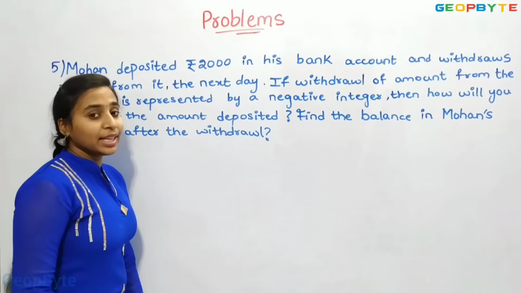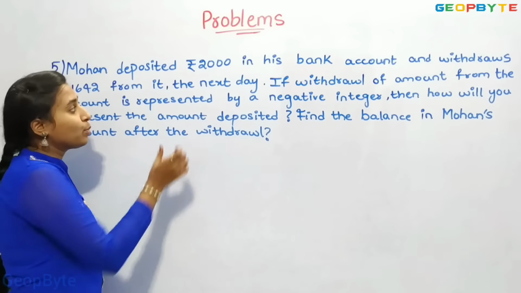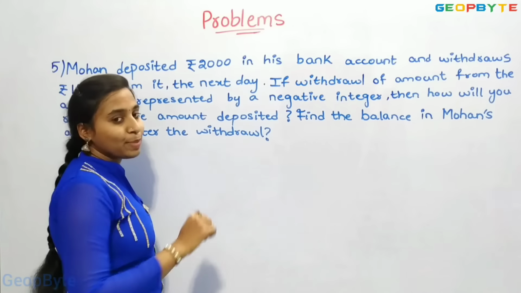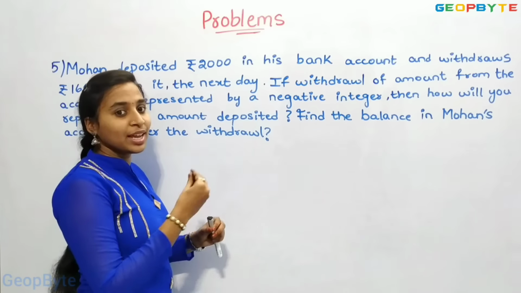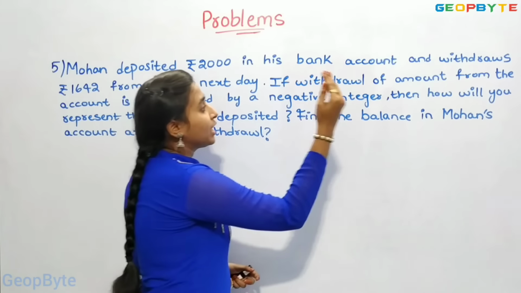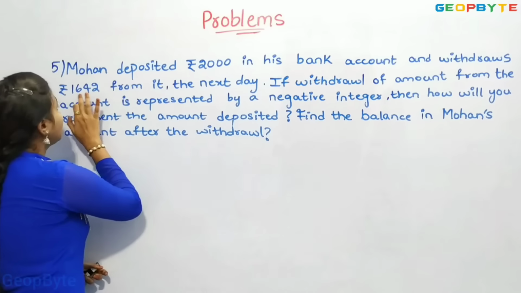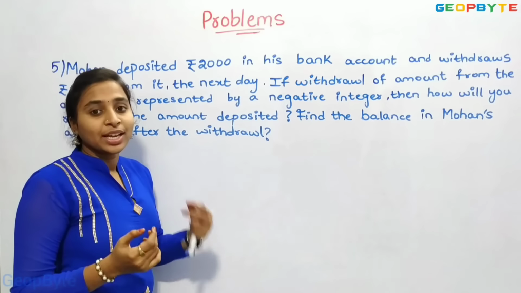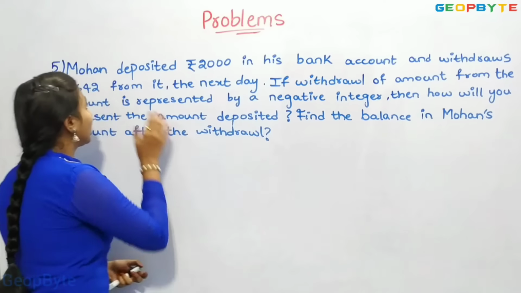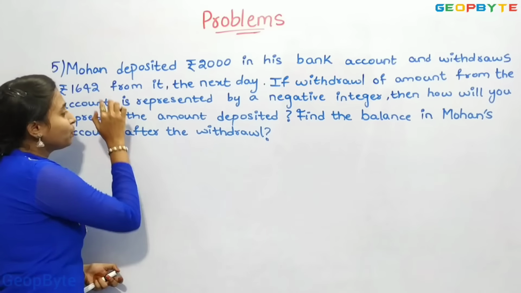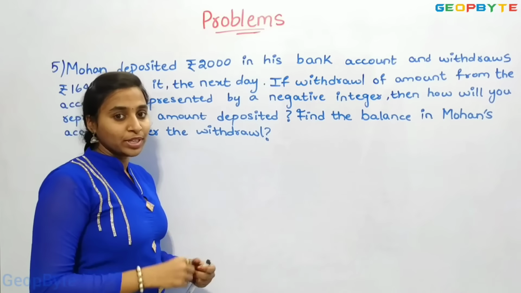That means he put 2000 rupees in his bank account and withdraws 1642 rupees, that is, he takes money out from these 2000 rupees for some purposes.